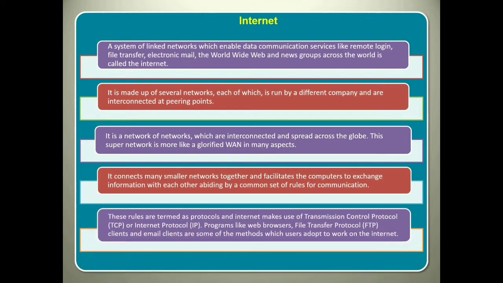These rules are termed as protocols, and Internet makes use of Transmission Control Protocol, or TCP, and Internet Protocol, or IP. Programs like web browsers, File Transfer Protocol, or FTP clients, and email clients are some of the methods which users adopt to work on the Internet.